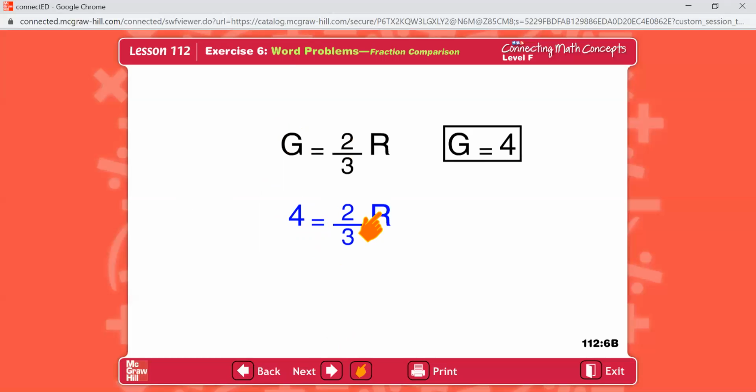You need to multiply both sides by the reciprocal of 2/3. The reciprocal of 2/3 is 3/2. So this side gets multiplied by 3/2 and so does this side. So you get R all by itself.